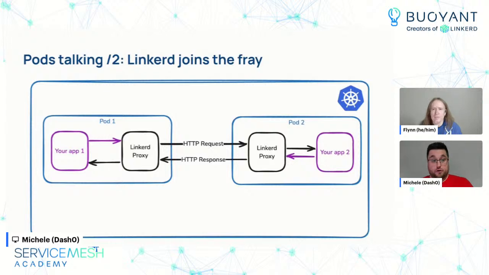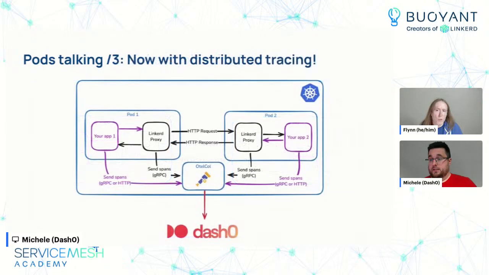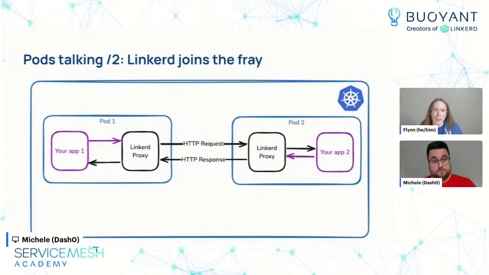Now you have four processes that collaborate in exchanging one HTTP request. Your application in a container is going to talk to the local proxy. The local proxy will talk with its peer on the other side, which then will forward finally the request to the other application, and vice versa for the response. And of course, when the proxies speak to each other, they're doing MTLS because that's what Linkerd does.